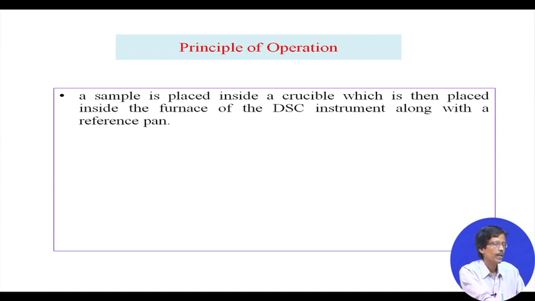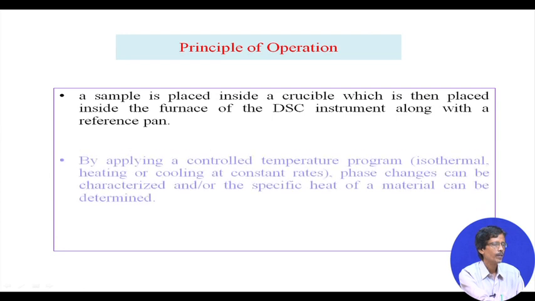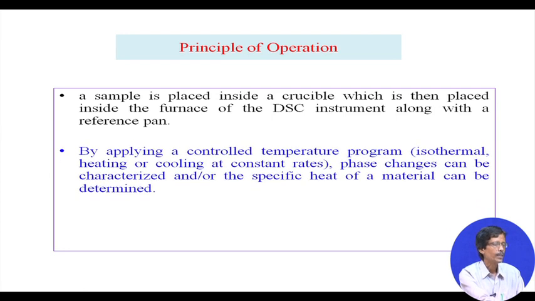Then we place the crucible inside the furnace of the instrument, which is now definitely a DSC instrument, different from the DTA instrument, along with the reference pan, but the mechanism of keeping the reference as well as the sample pan is the same. Then we apply the temperature. It is a programmed one because it has some rate of heating, and the rate of heating is monotonous with time.